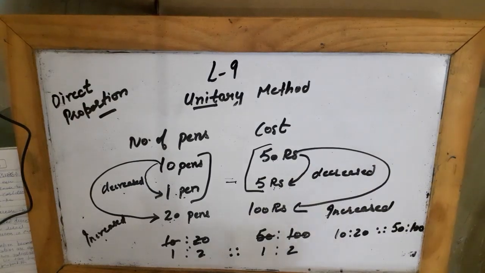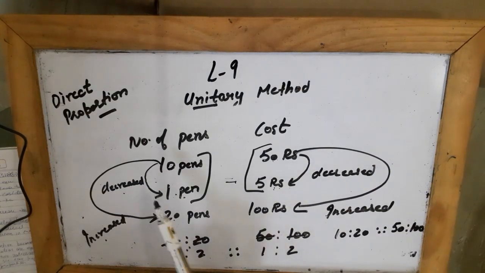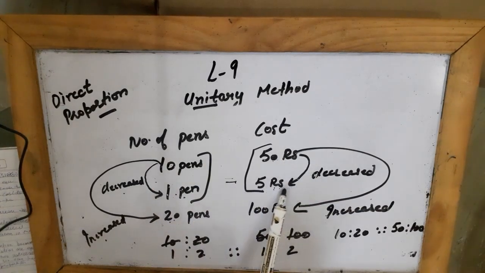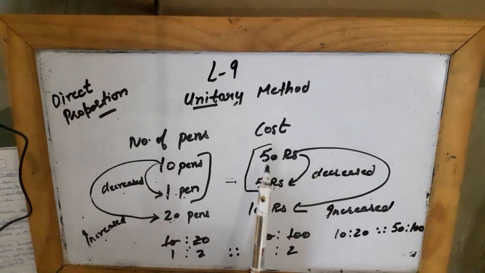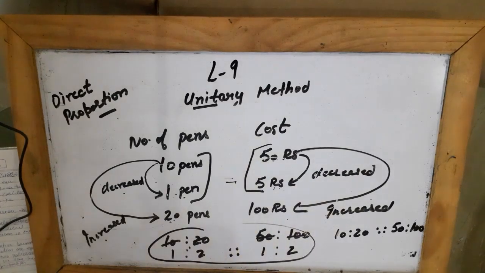So this is a direct proportion where a decrease in the number of pens is matched by a decrease in the cost of the pens, and an increase in the number of pens is matched by an increase in the cost of the pens. So we can solve these also by using the proportionality method.